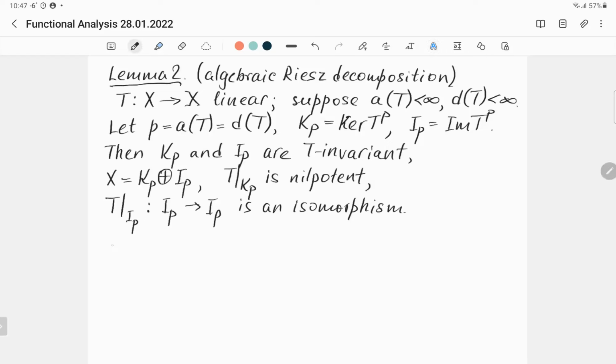And let's now try to prove Lemma 2. Well, it's clear from the construction that Kp and Ip are T-invariant. Clearly, they are T-invariant.